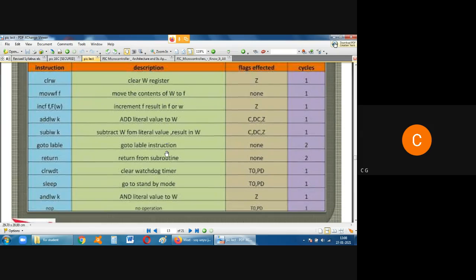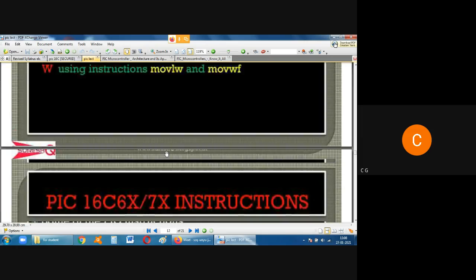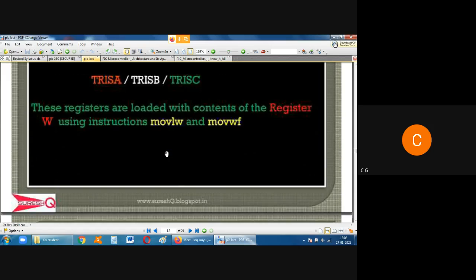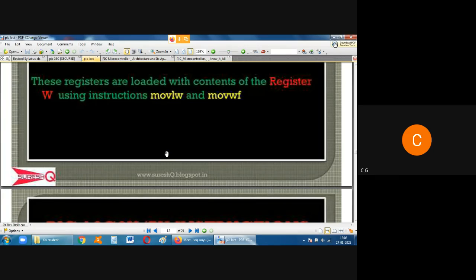But to do all these things, your logic must be clear. There are many people who can write programs, but they have just mugged up the program. Unless and until the logic is clear, it is difficult.